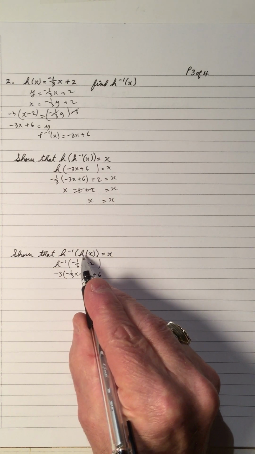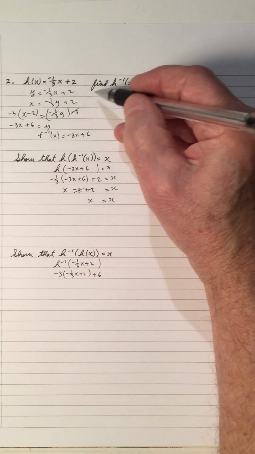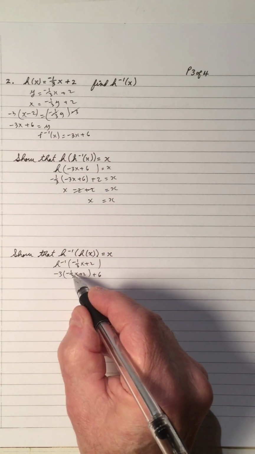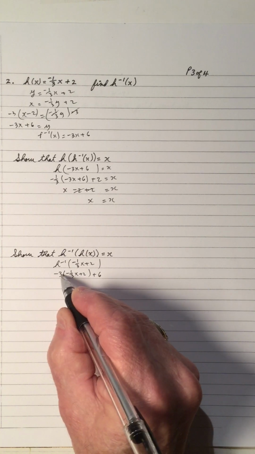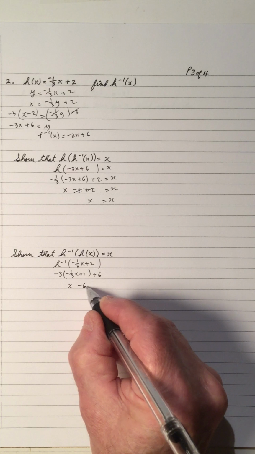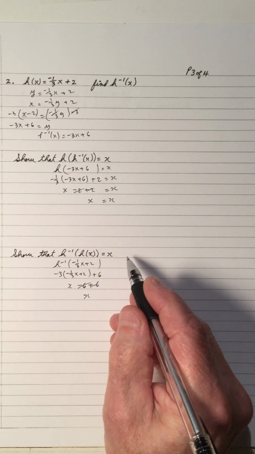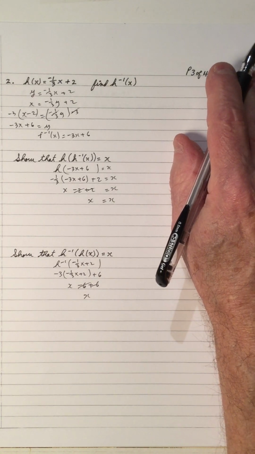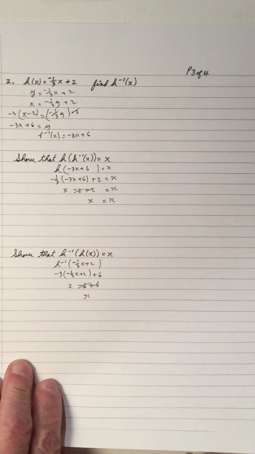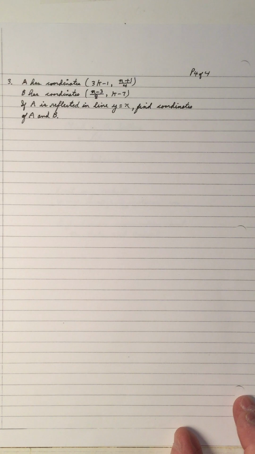Again, h of x is right here, so we're subbing that into this x in the f to the negative 1. So negative 3 times negative 1/3 is x. Negative 3 times 2 is negative 6, plus 6. And they cancel, and I get an x. So I'm just showing you that a function and its inverse, when we do the composite of each one, no matter how we do it, we will always come up with an x.